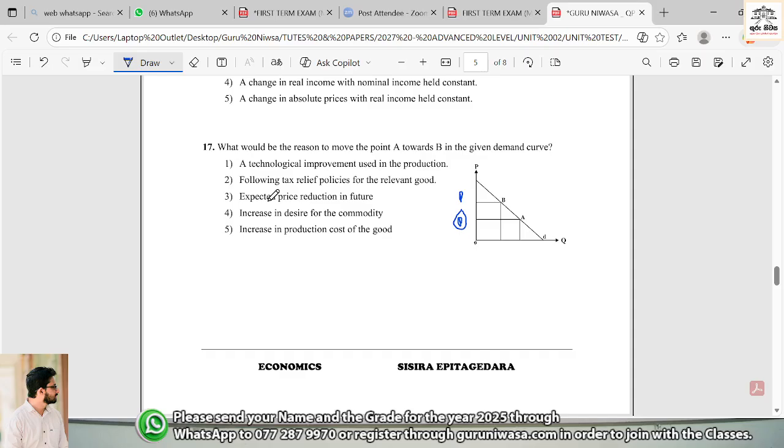The answer must be the fifth one, increase in production cost of the good. Yes, we know that if production cost increases, the supply curve shifts to the left side. If the supply curve shifts to the left, the original equilibrium point A moves towards point B. Did you get the point?